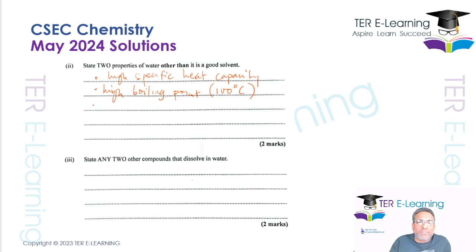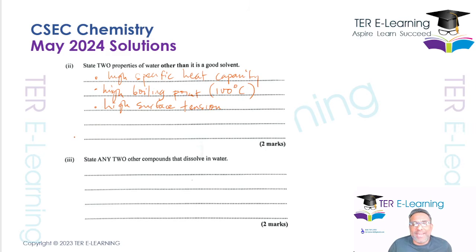High surface tension. There are some insects that actually walk on water, so high surface tension. Any 2 properties you could come up with, that's fine.